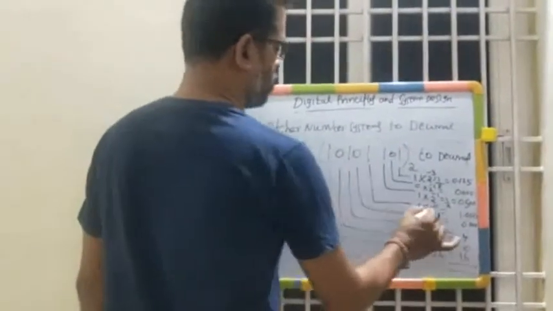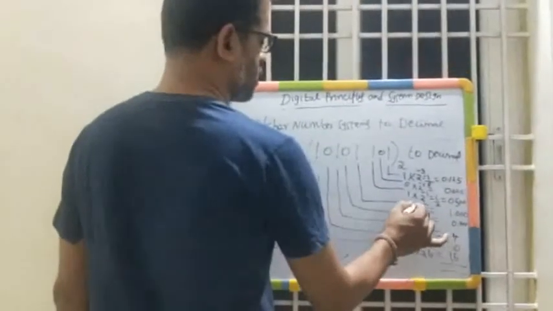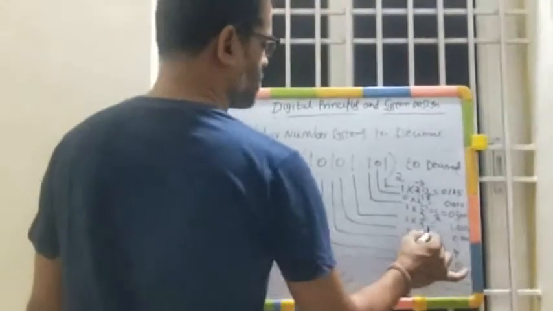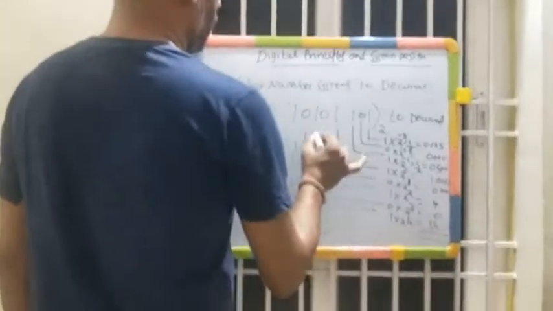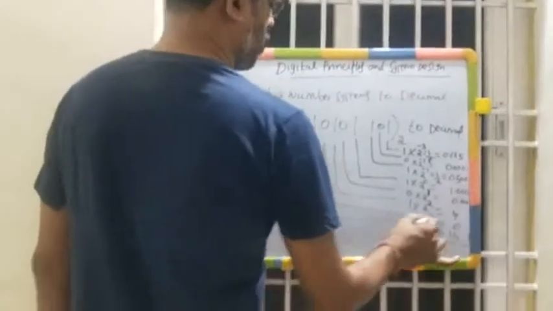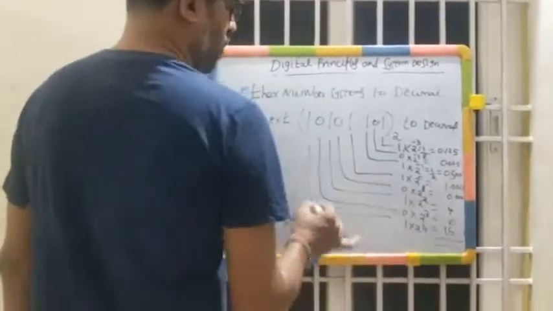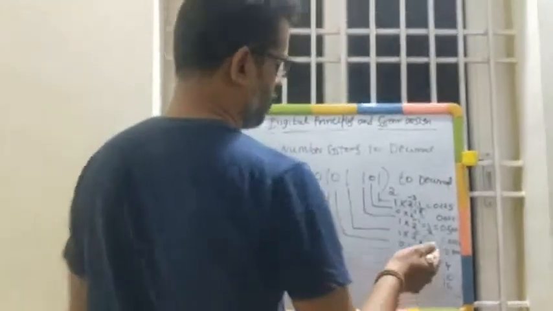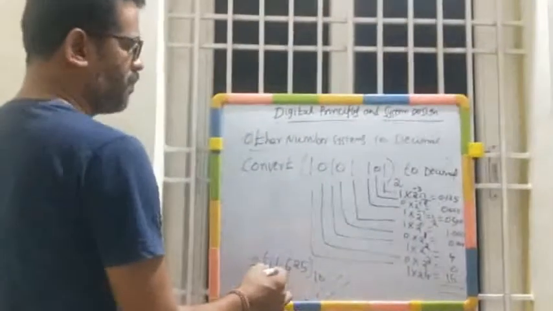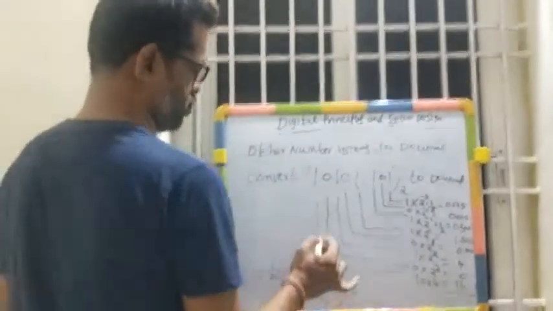Then 1 into 2 power 0, anything power 0 is 1, so 1 into 1 is 1, then 0 into 2 power 1 is 0, and 1 into 2 square is 4, and then 0 into 2 cube is 0, 1 into 2 power 4 is 16. So if you add both integer and the fractional part, we will be getting the result as 21.625 base 10. Okay.